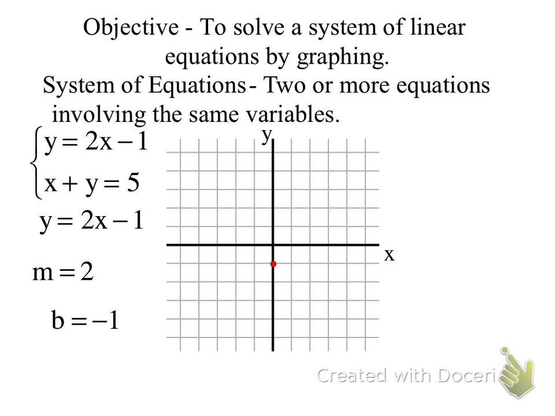And I'm going to do what? I'm going to rise how much? 2 units and run to the right. Good. I'm going to rise 1, run 1. Or I could do -2, -1, because a negative divided by a negative is a positive. So I can go down 2 over 1.